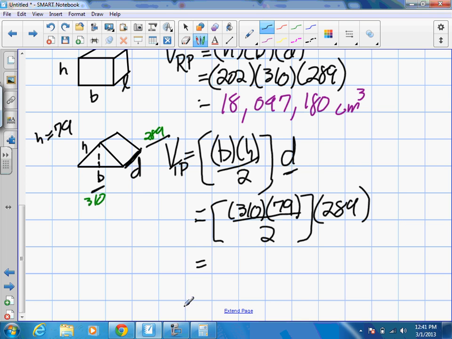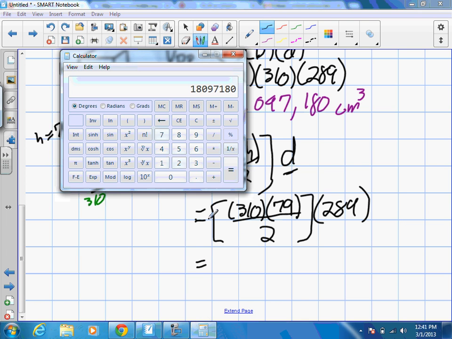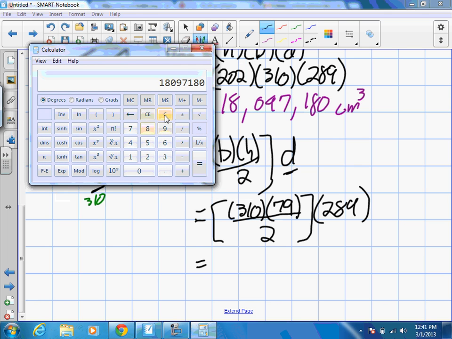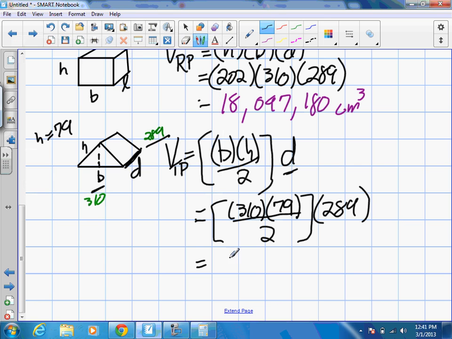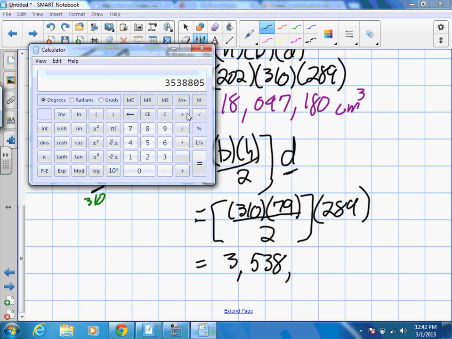So let's try this out. 310 times 79 divided by 2, and then times 289 equals 3,538,805. And it is centimeters what?